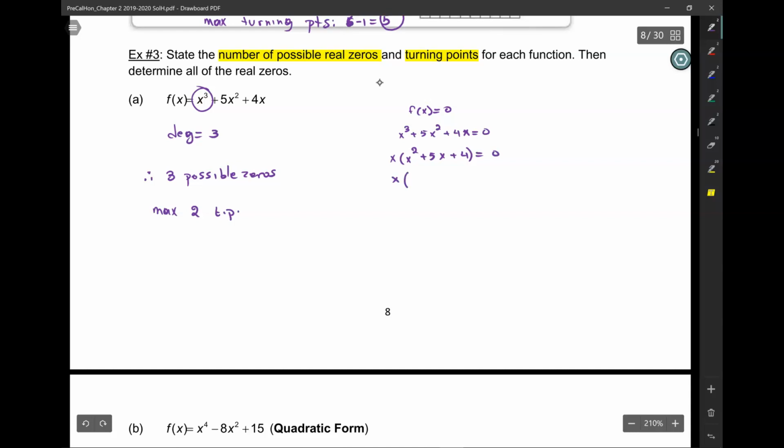Okay, so let's factor some more. This is going to be x plus 4, x plus 1. So x is 0, negative 4, and negative 1. So degree is 3. We got 3 zeros. It's possible. All right, let's do another one.